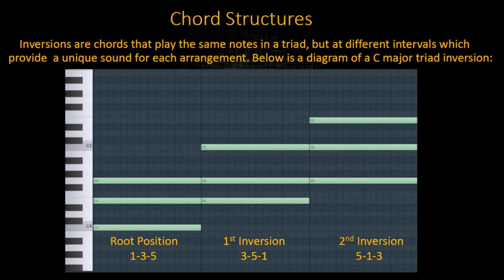In this case, we have our root position taking the median position, and the median position is taking the dominant position. Now, these notes will all be the same, but again, they're in different positions, which gives a very unique blend.